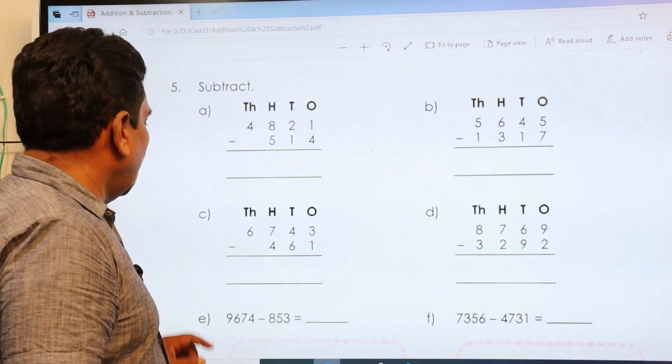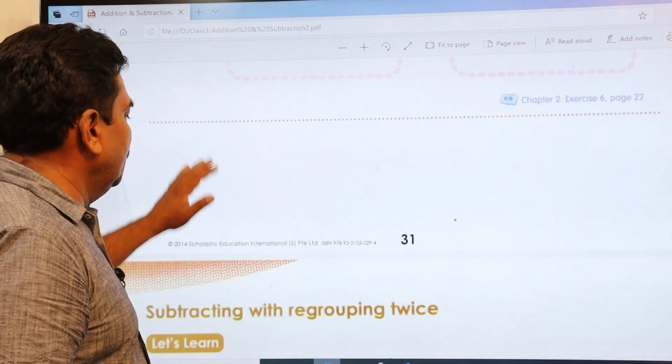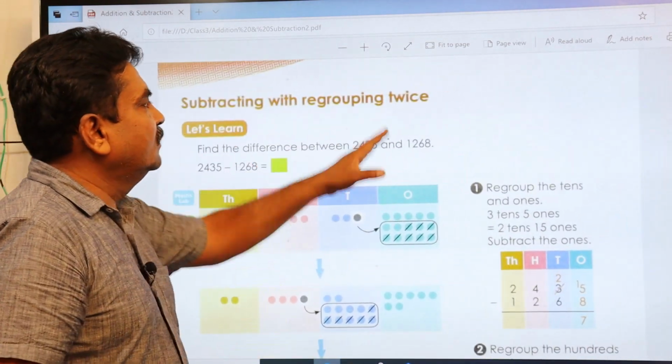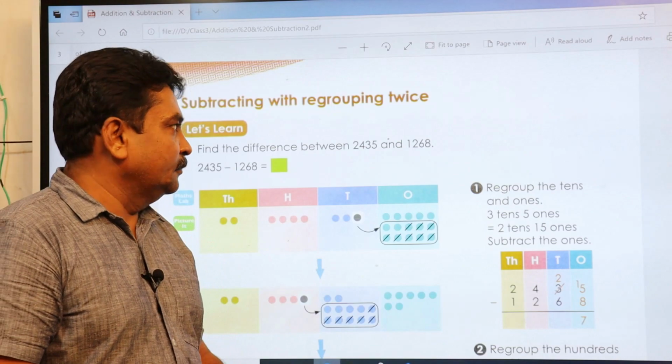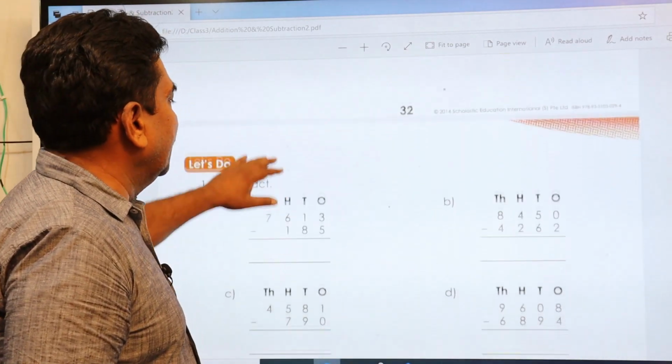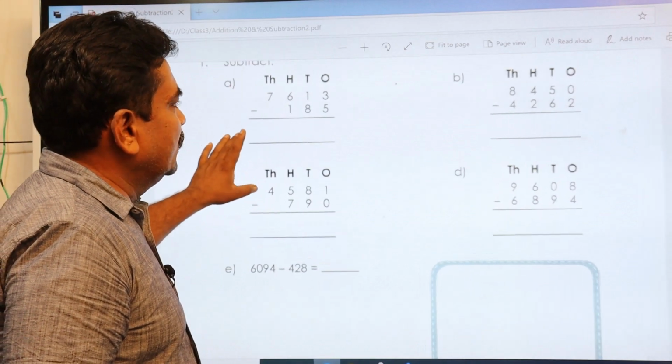Okay. Now let's go to the next one. This is subtracting with regrouping. Let's see what happens twice, that is from the second value. Let's do this problem.